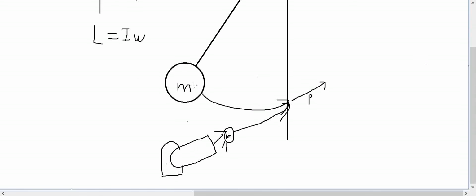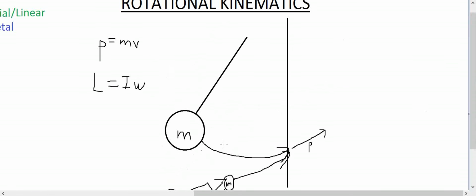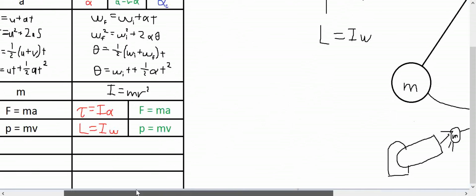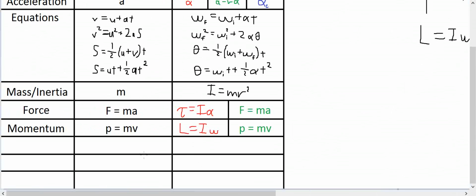There's no difference between a wrecking ball hitting the wall and firing a cannonball with the same mass and velocity. The momentum is the same in the same direction, and there's no difference from the perspective of the wall.